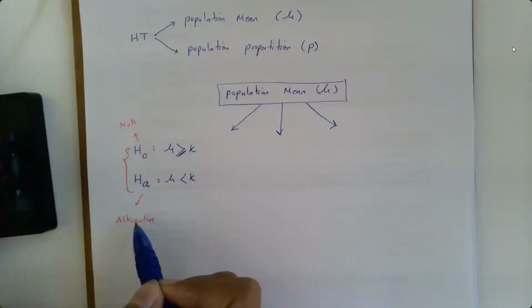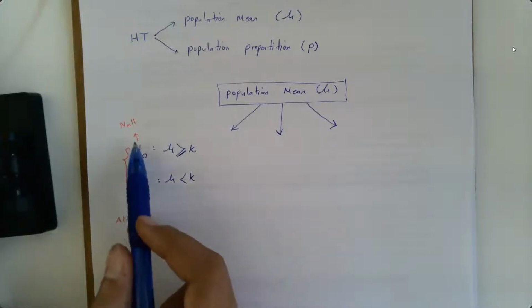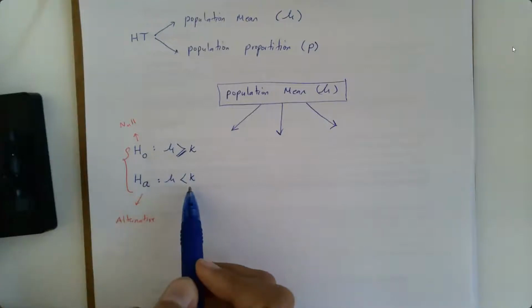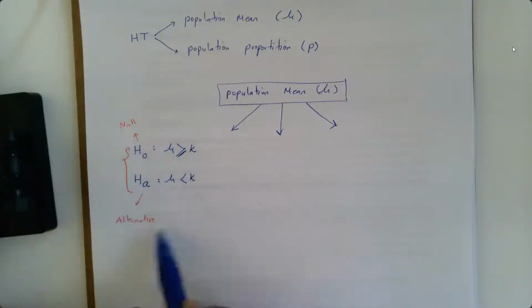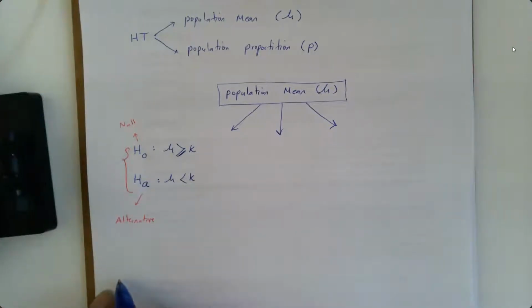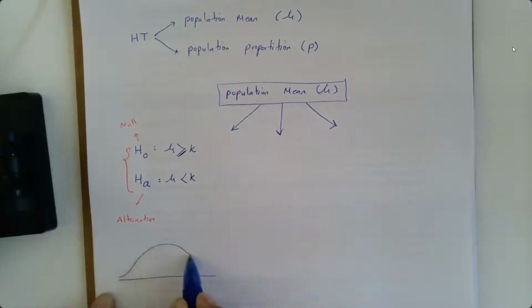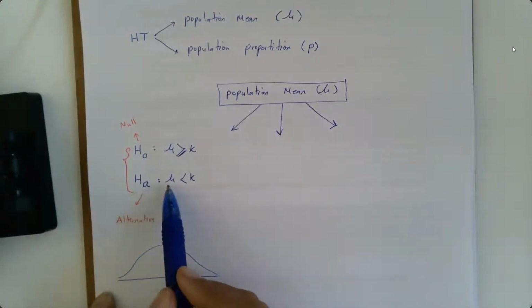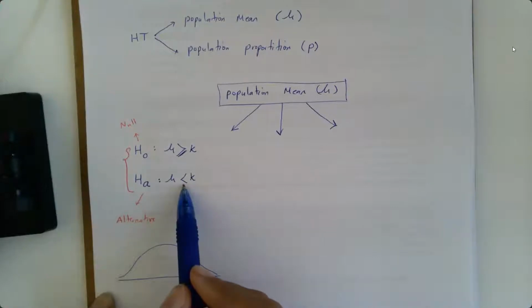If you read a question and you constructed the null hypothesis, alternative hypothesis, and it is the first scenario, then we construct the left-tailed graph, because our alternative hypothesis says mean is less than.